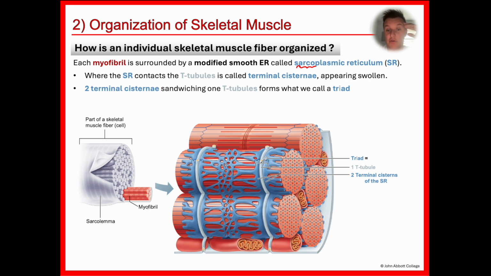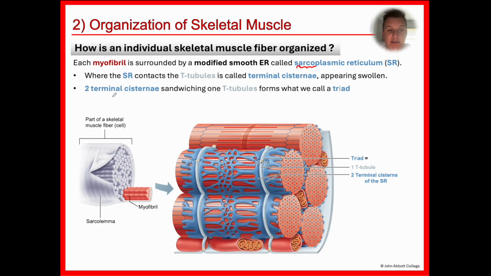So terminal because it's at the ends of the smooth ER, and cisterne because it's like a camion citerne. It's swollen and it holds a bunch of this calcium. It's not a water reserve, but it's a calcium reserve in this case, and it swells up at the ends, right next to the T tubules.